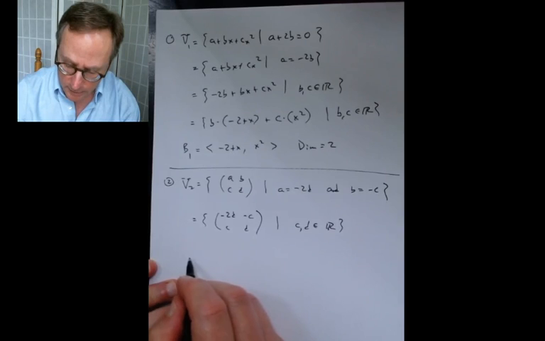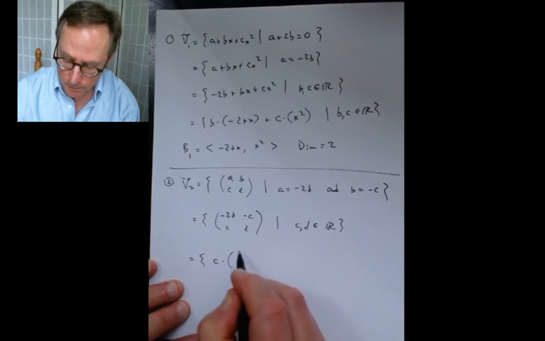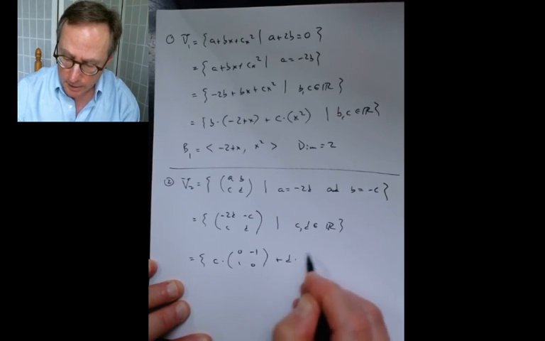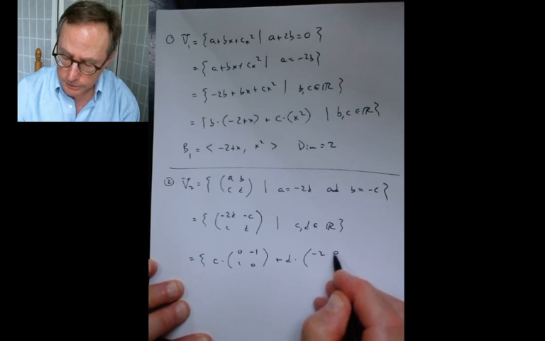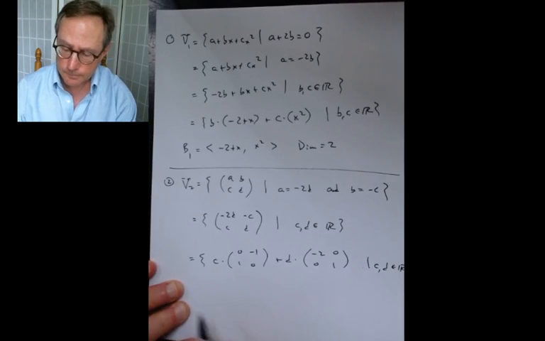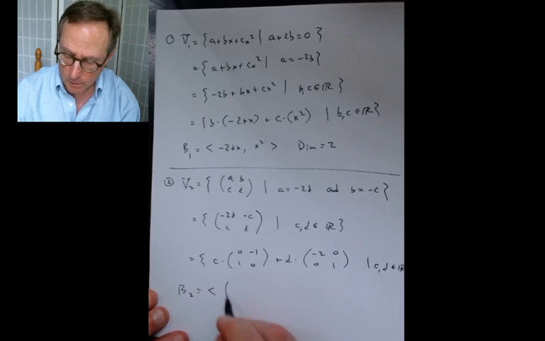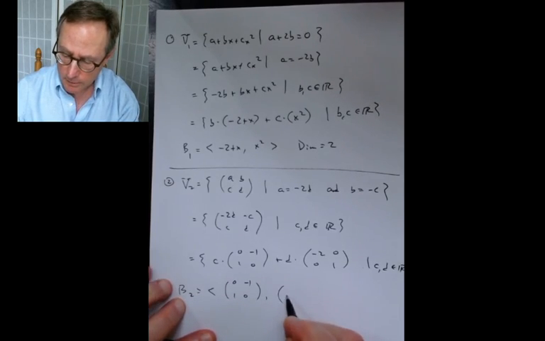Okay. I like to break out the d and the c. So c times the matrix 0, minus 1, 1, 0, and d times the matrix minus 2, 0, 0, 1, where c and d are free. And so I get a basis, B2: 0, minus 1, 1, 0, and minus 2, 0, 0, 1.